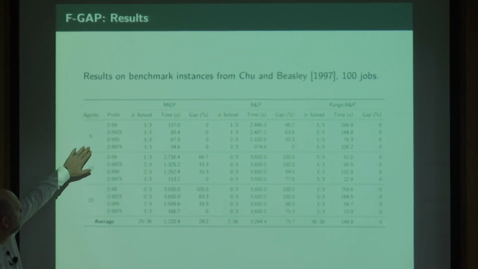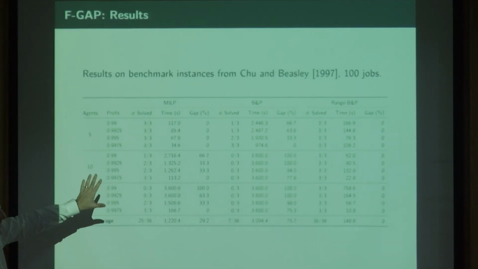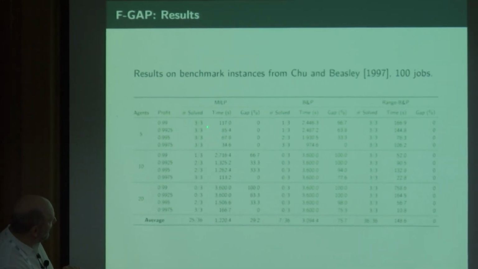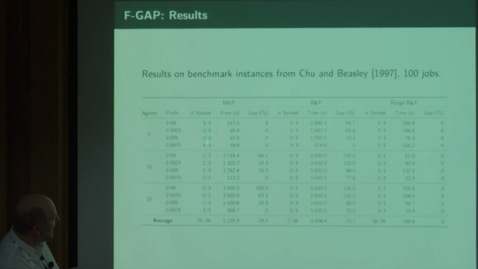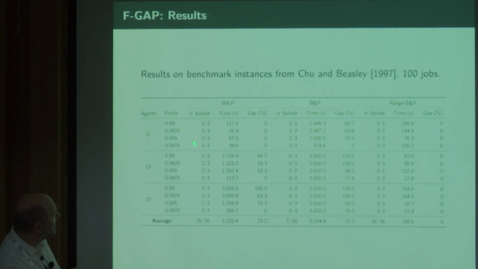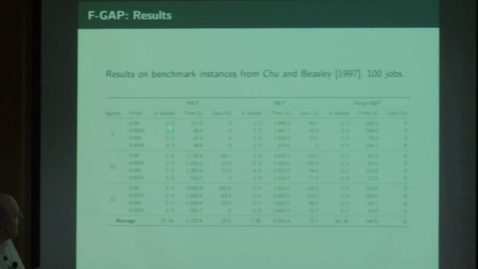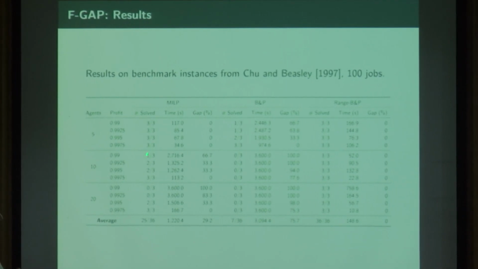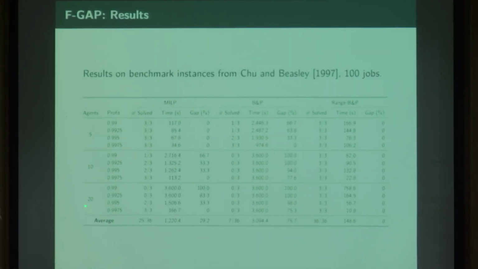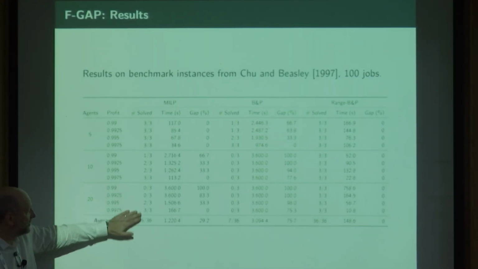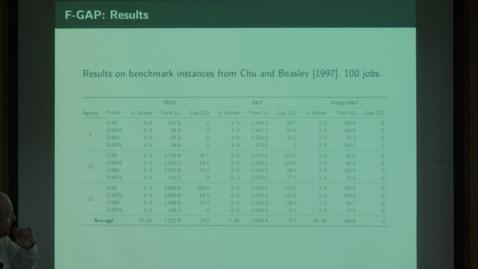These are agents with the profit. It's not important to see how these are defined according to the literature. But here there are the three instances. For 5 agents, we can solve each problem. For 10 already, you cannot solve all the problems. And for 20 agents, the situation gets very much in trouble.